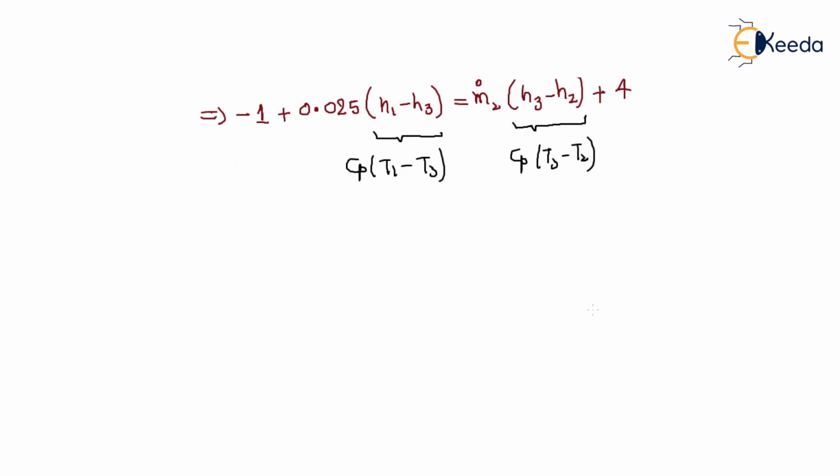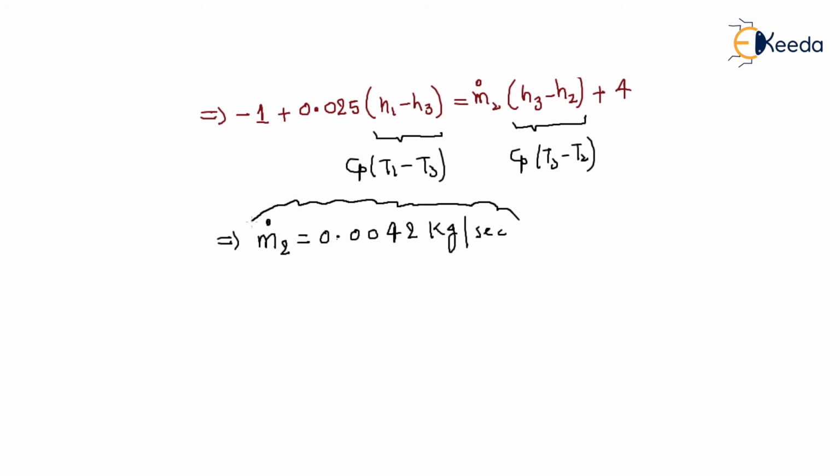If we put in all the values, T1, T3 and T2 are given, then we finally find the mass flow rate at state 2, which is 0.0042 kg per second.